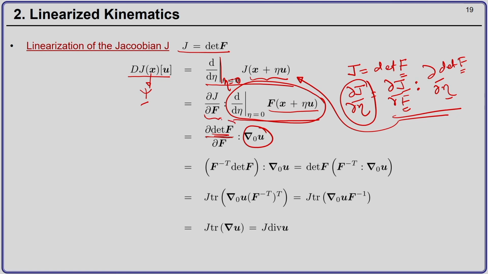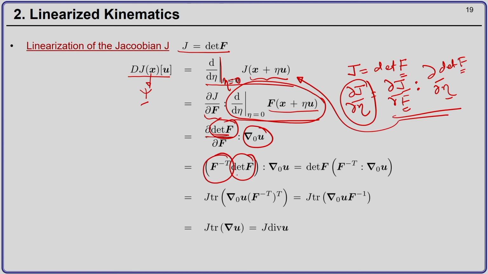So, here also we have determinant of F, which is the third invariant of the deformation gradient tensor F. So, we want to compute the derivative of the third invariant of F divided by del F. If you can recall, that relation was the third invariant of the second order tensor times the tensor inverse transpose, which here is determinant of F times F inverse transpose.